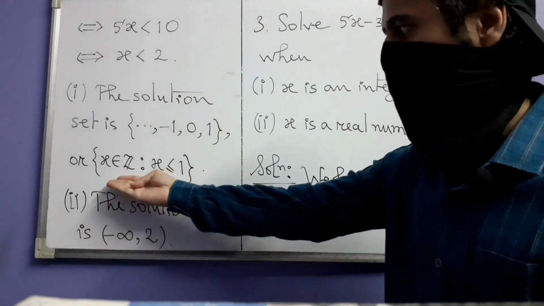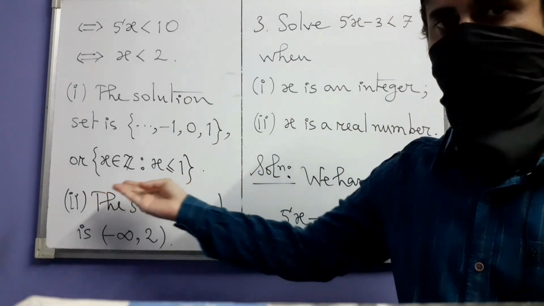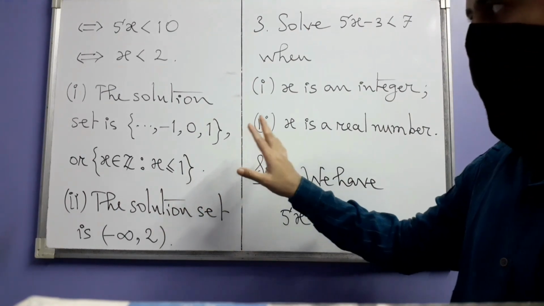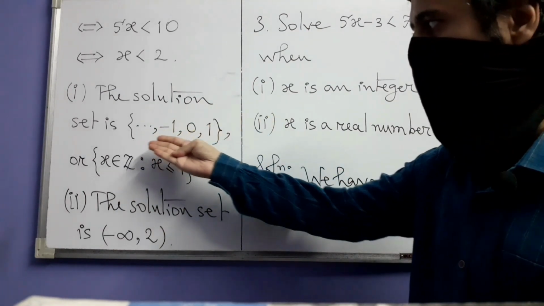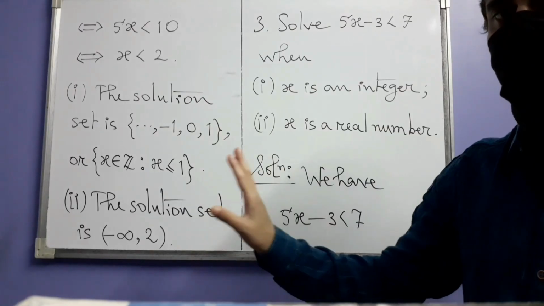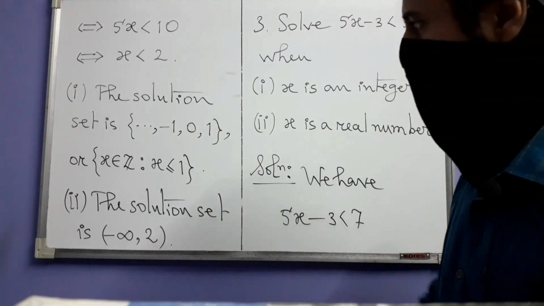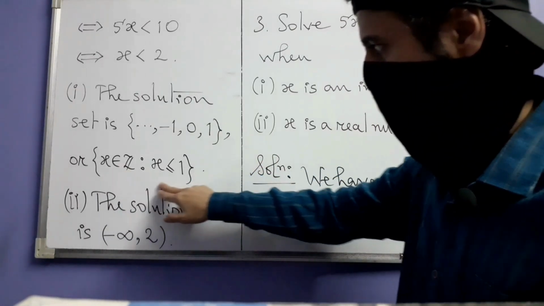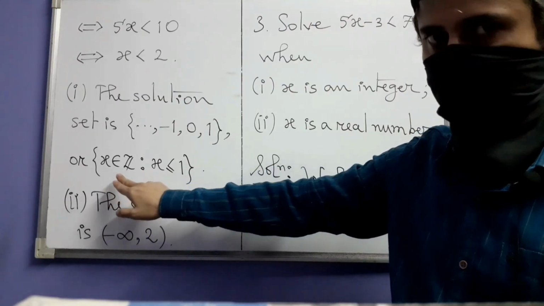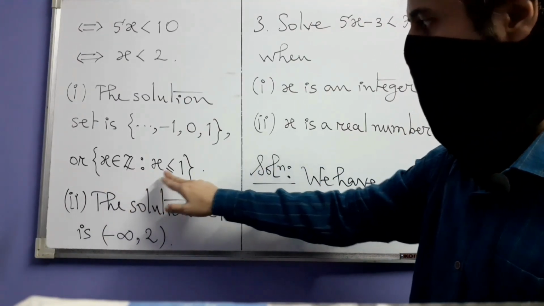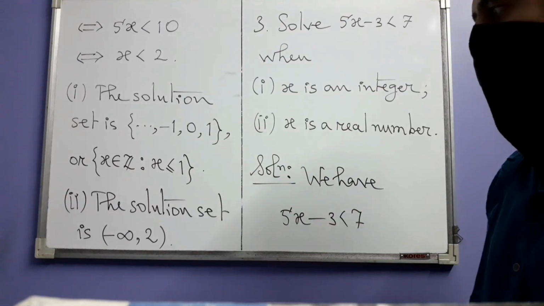Or you can use the set builder notation to write the set. Instead of simply writing the solutions are, we have written the solution set is. This looks nicer. Okay, so in set builder notation, you can just simply write the solution set to be the set of all integers x such that x is less than or equal to 1.